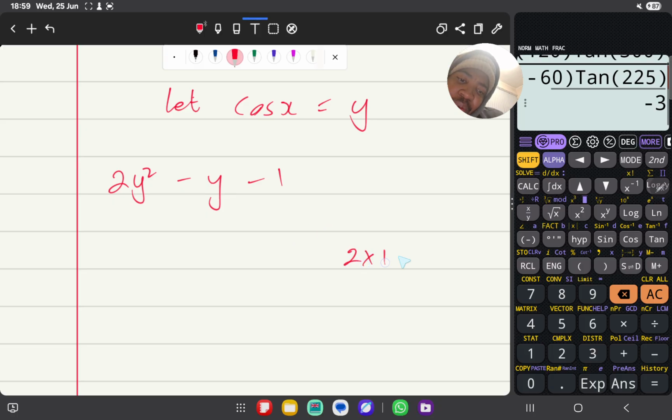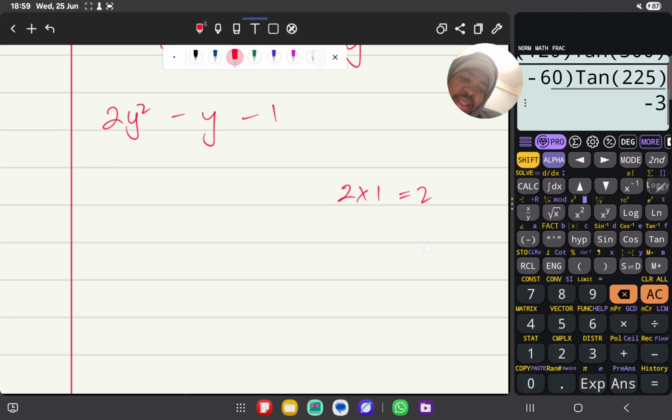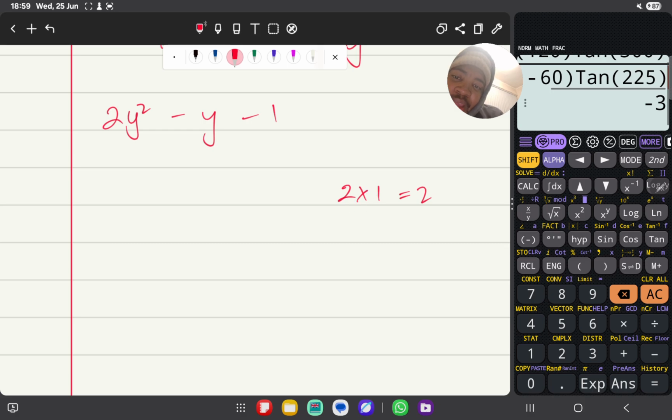That is 2 multiplied by 1, which equals 2. And 2 has only two factors, 1 and 2. When we add or subtract them, we can get the middle coefficient, which is minus 1. So how are we going to do that? You have 2y squared minus 2y plus y minus 1.